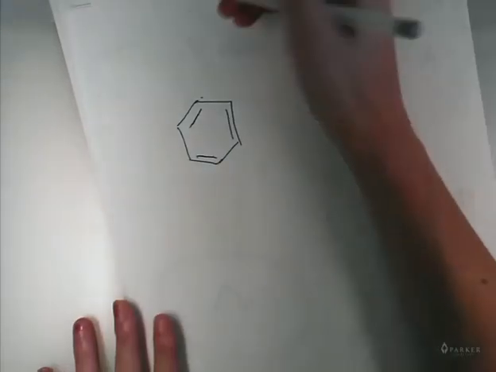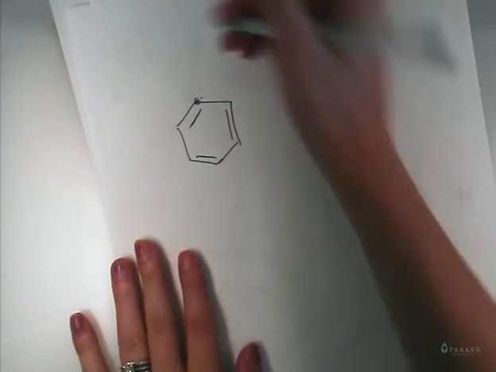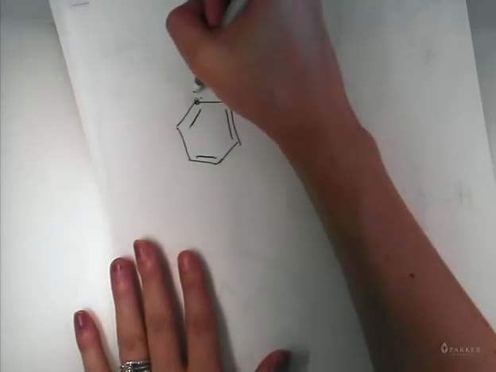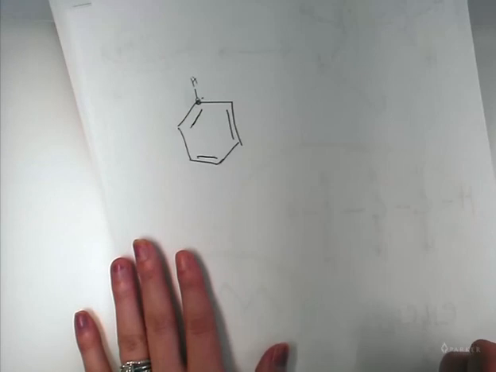Okay, so now let's go through and draw our hidden hydrogens in there. Right here, this carbon at the top, how many total bonds are coming off of it? 3, because you want to count the double bond. So it has 3, so how many more does it need? 1, so there's 1 hidden hydrogen.